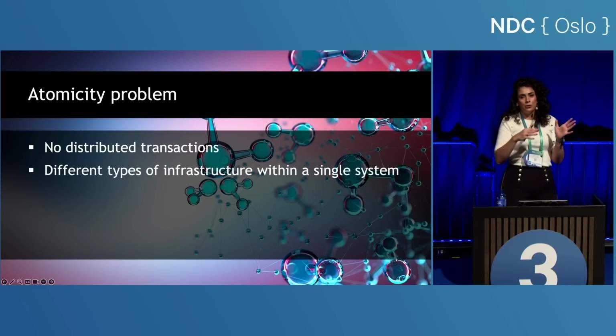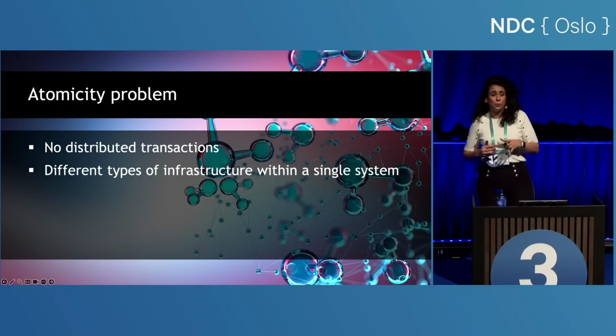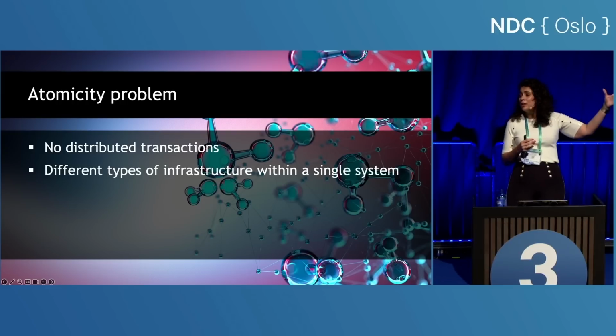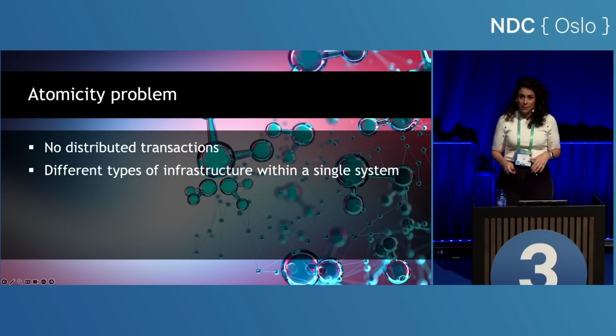Now, all of those different types of infrastructure usually do provide some kind of transaction management, right? SQL Server has database transactions, Cosmos DB offers partition-based transactions, and even Azure Service Bus has cross-entity transactions. The issue is we can't combine those transaction guarantees into one, right?